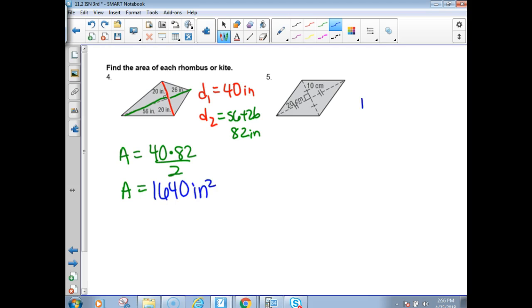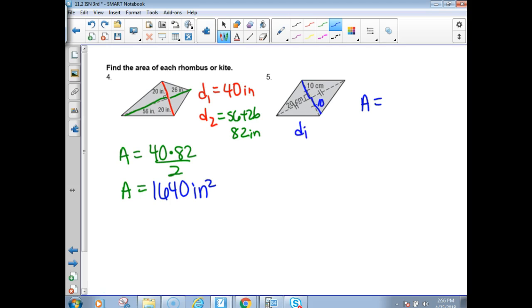Okay, number 5. What will I be calculating? Carolyn? Okay, good. You realize that they only gave you pieces, right? So if that's 10, and there's a hash mark over here, that's another 10.